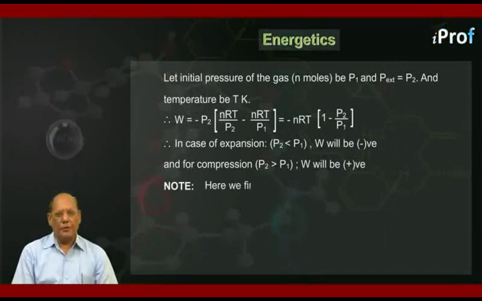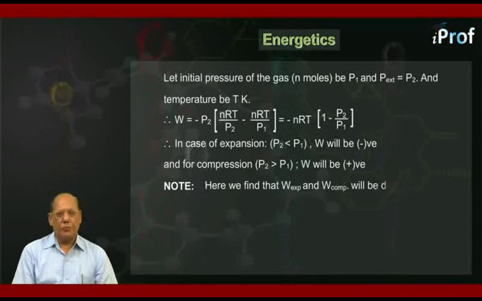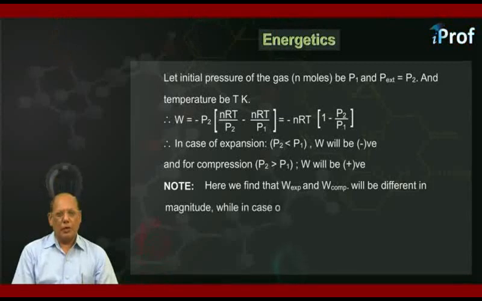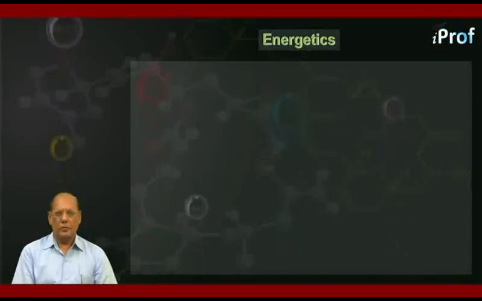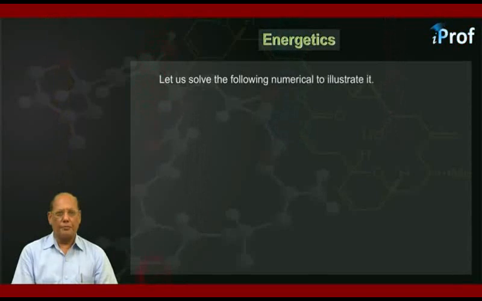Here we find that W expansion and W compression will be different in magnitude, while in case of reversible process, it was not so. Let us solve the following numerical to illustrate it.